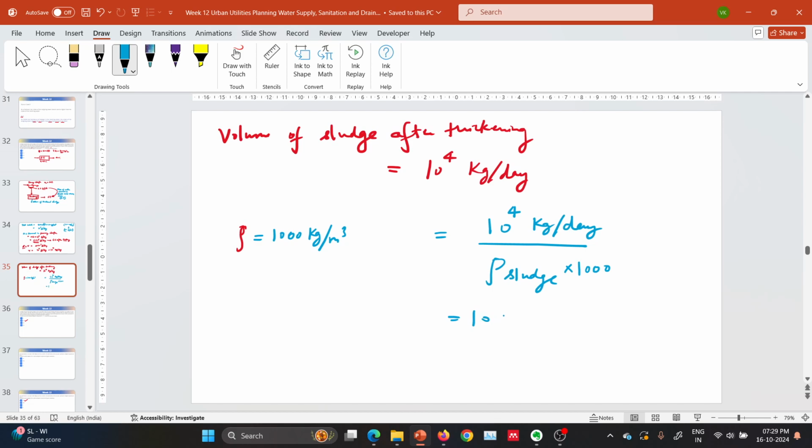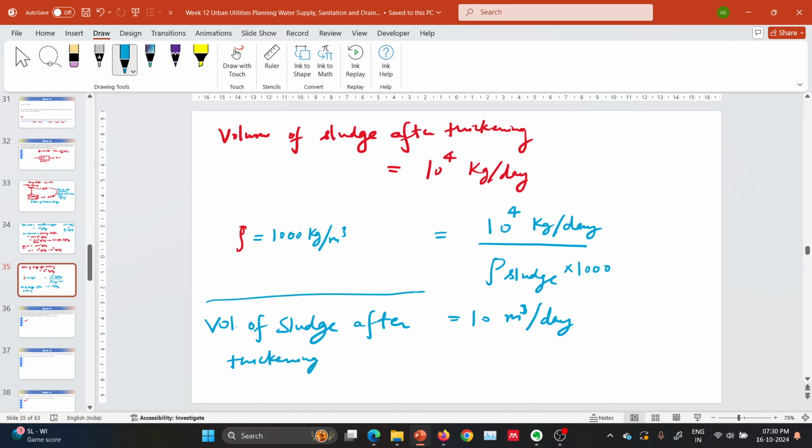You will get 10 meter cube per day. The volume of sludge after thickening is 10 meter cube per day.